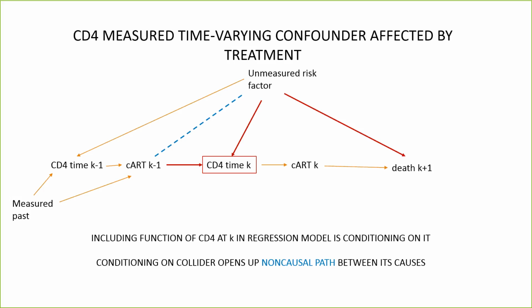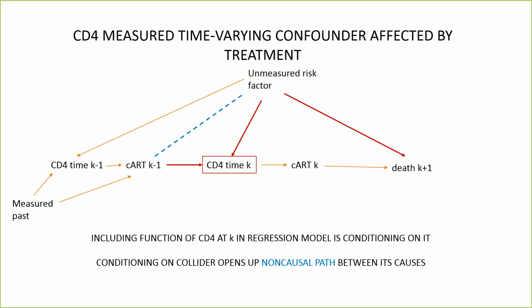The reasoning for that, some of you may be familiar with this argument if you've seen causal DAGs before, is that conditioning on that function of time-varying CD4 cell count is akin to conditioning on this node in the graph, which is a common effect under my assumptions here of this unmeasured risk factor and past treatments.